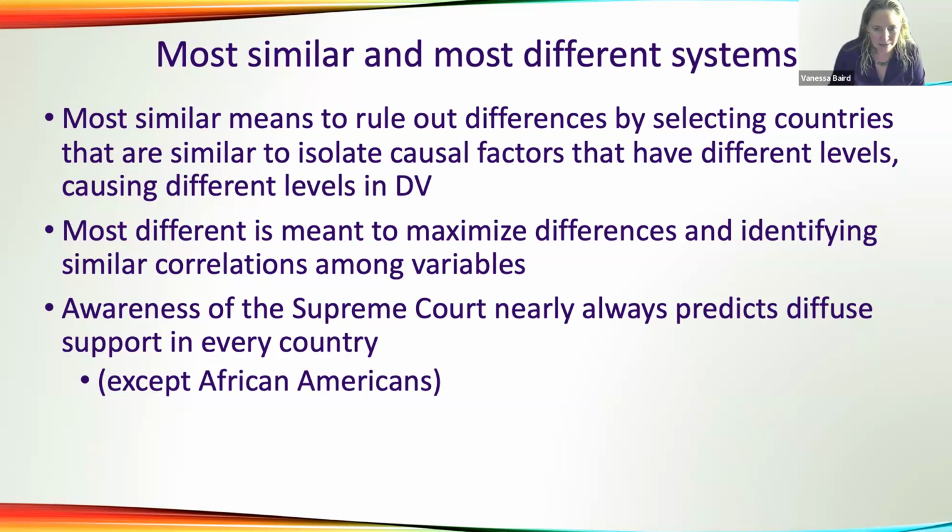But when you're thinking about things, it's not just countries that you want to rule out, right? One of the things that I'm interested in is policy areas at the Supreme Court. My unit of analysis in my book was policy area-year across 40 years.